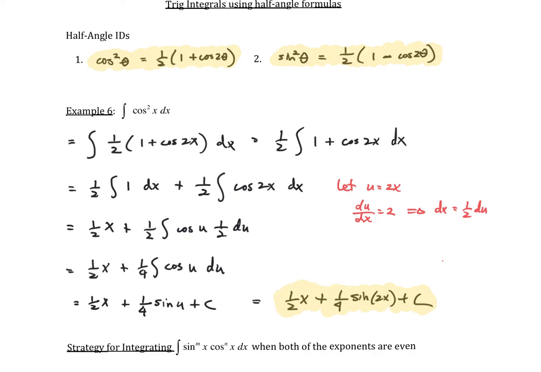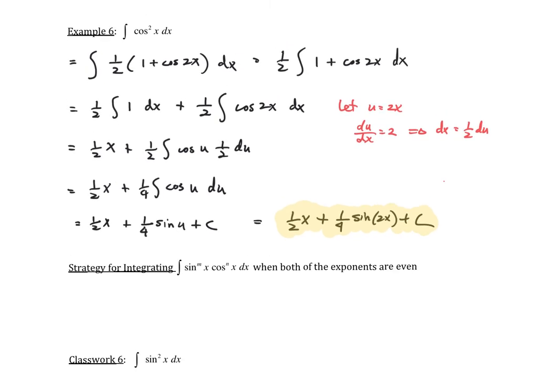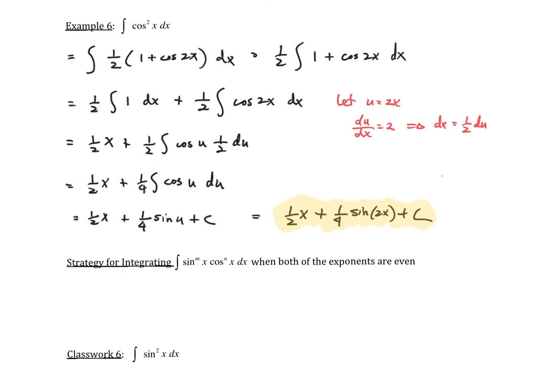And let's talk about our strategy. So when you have an integral involving both sine and cosine, and those could be raised to certain powers, and when both of those exponents are even, that's when you want to use the half-angle formula.